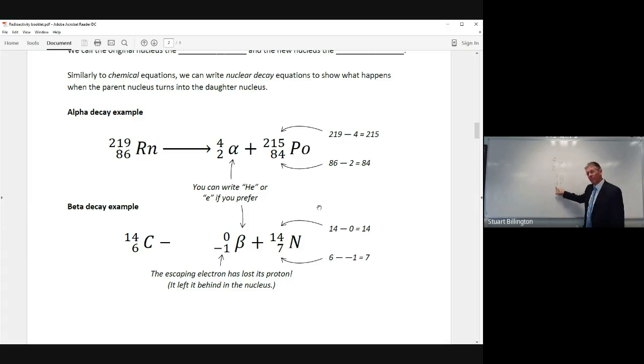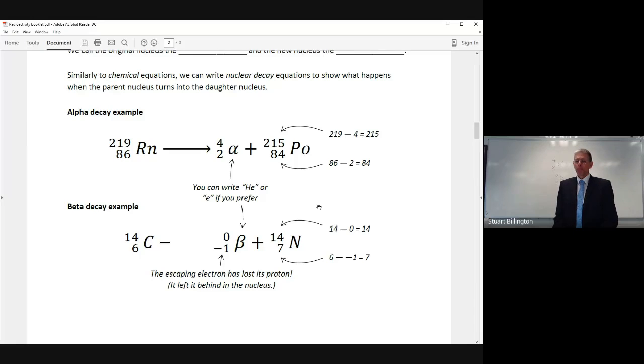The minus 1, how would you interpret that? Well, it's basically saying that the electron, the beta particle, used to have a proton, but it's put it down somewhere and lost it. So it's lost a proton, which is kind of what happened.